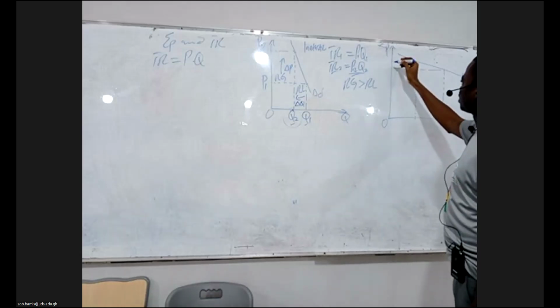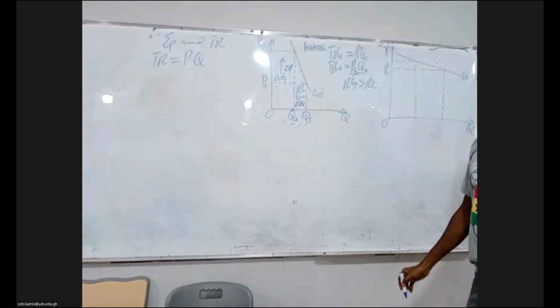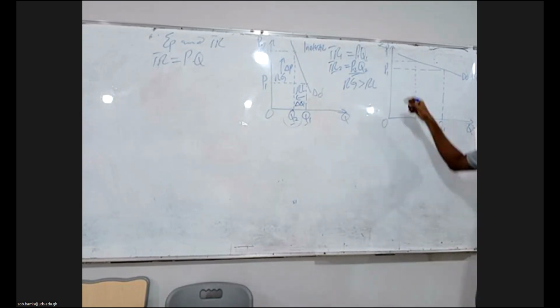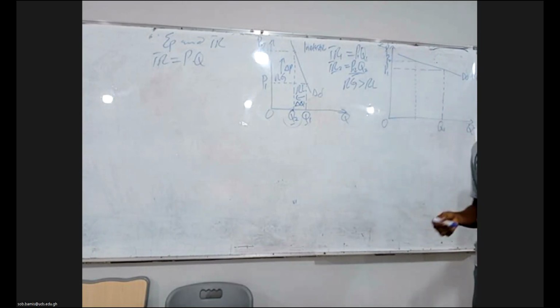Let's assume for a moment that the initial price of the product is what? P1. And if you trace the P1 price to the demand curve, we get our Q1 as our initial quantity demanded for the product. Due to certain happenings within the economy, the price of the product has increased from P1 to P2. And as a result, the demand for the product has fallen from Q1 to what?